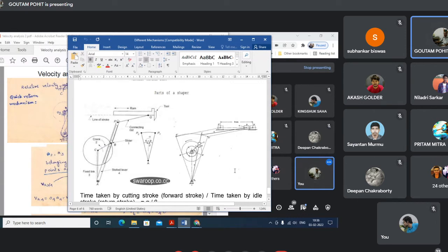That means during this movement, one will take a shorter time and the other a longer time, because omega is constant.